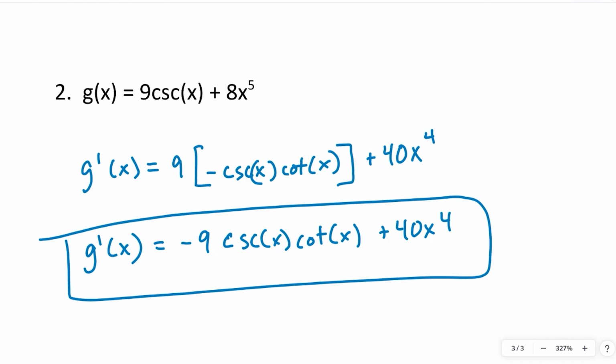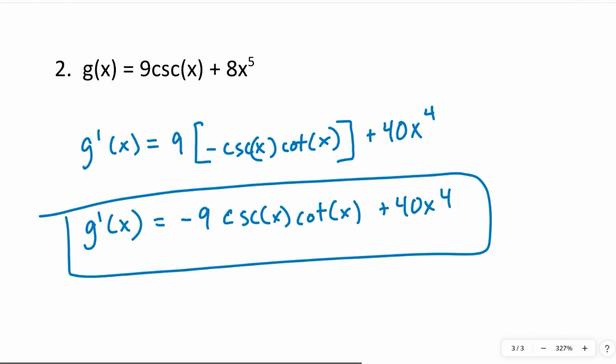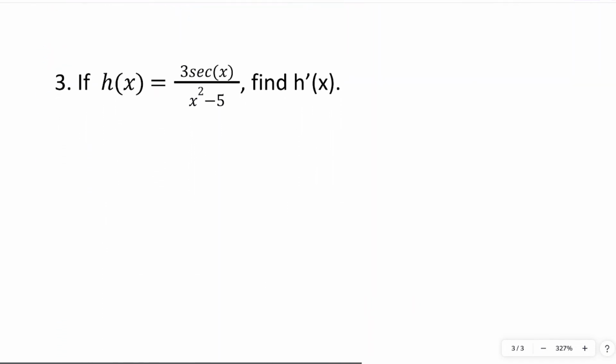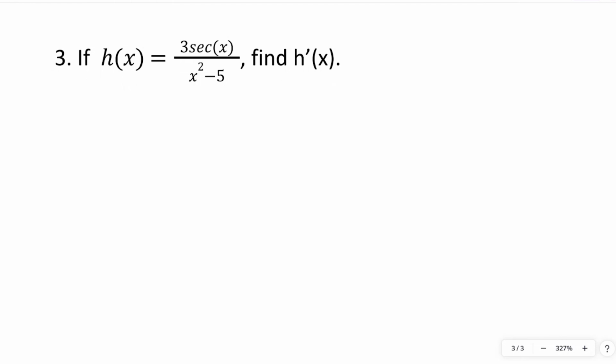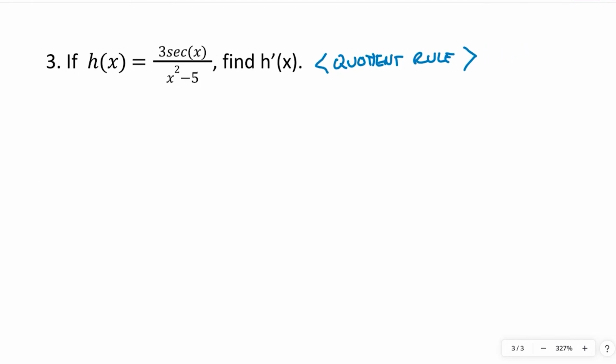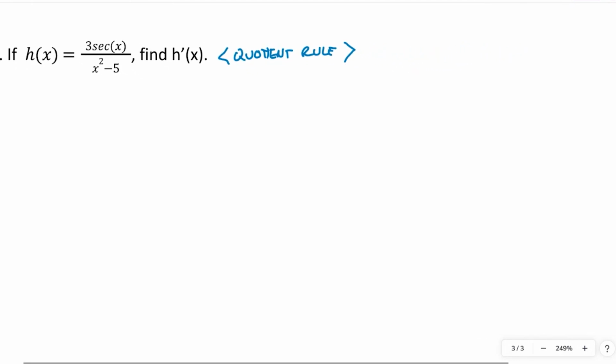All right, we got one more. I know there's 2 more on there, but that's because there's a duplicate problem from last time that we don't need to do again. All right, so let's take a look at the next one. Another derivative problem. Now, which rule are we going to use here? Quotient rule. Okay, so let's, out to the side here, make a note of all of the expressions we need to use.